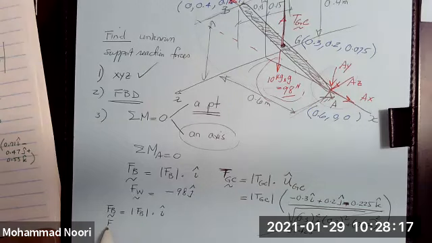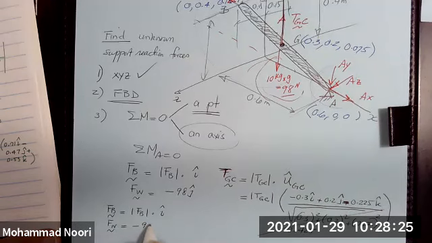So the force W would be negative 98 j, and TGC, I would multiply both the numerator and the denominator by 10, makes my life easier.